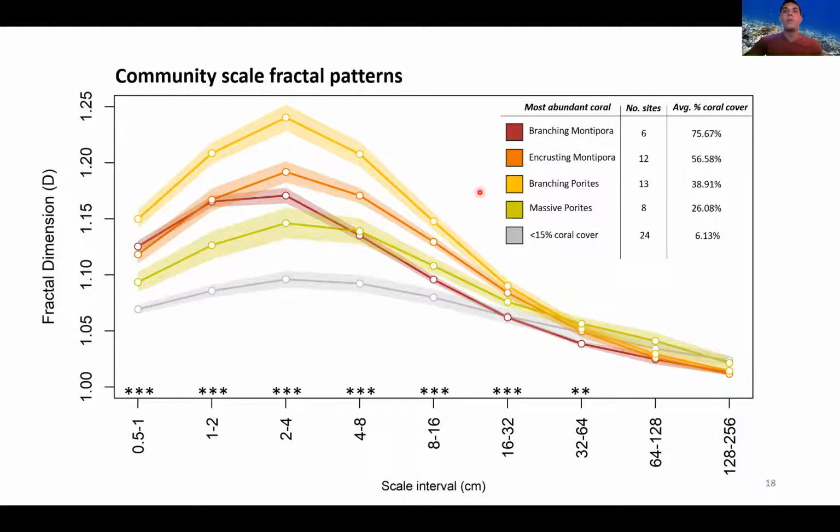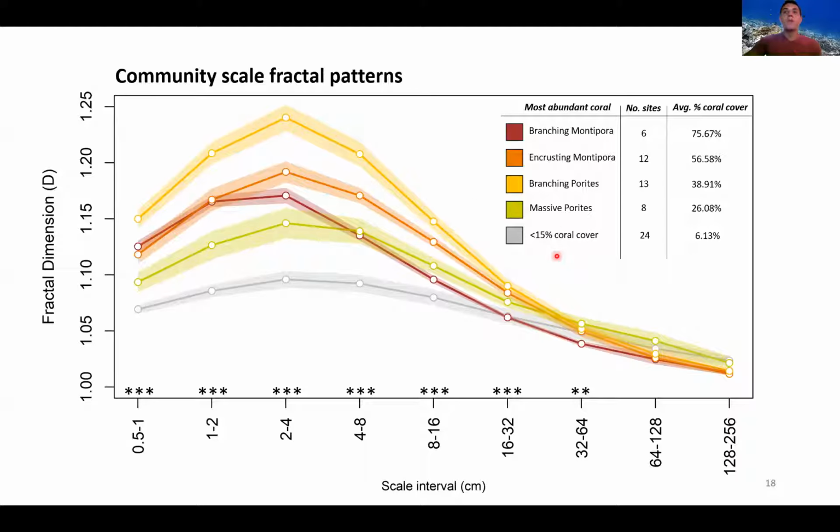And to do this, we grouped sites based on the most abundant type of coral at those sites, and then compared the mean fractal dimension of those groups across scales. And we found significant differences in structure between these types of communities, with branching Porites reefs exhibiting the most structural complexity.